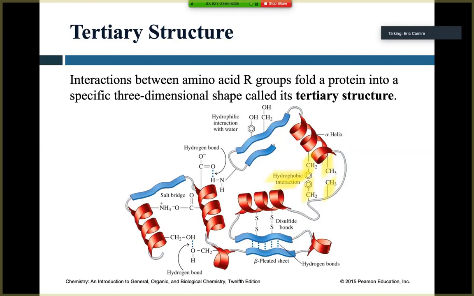Other interactions help staple together things on the outside to give the form of the protein that actually does the interacting with everything outside. Hydrophobic interactions give it that core structure. Other types of interactions that hold things together are hydrogen bonds. We saw this when we were talking about both beta sheets and alpha helices, but there are a lot of electronegative elements in proteins.